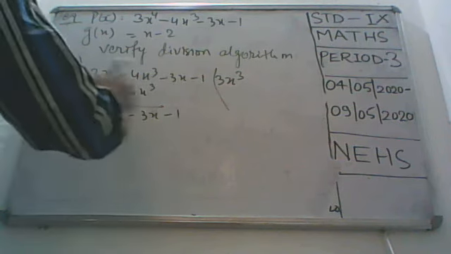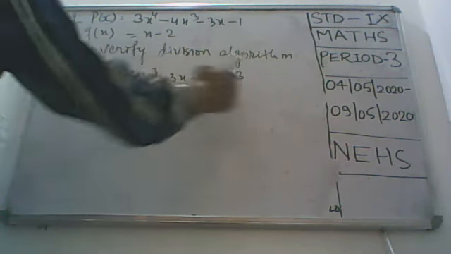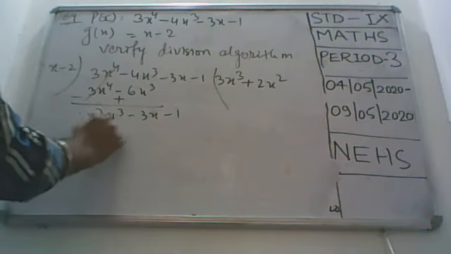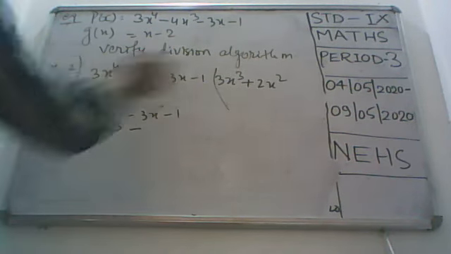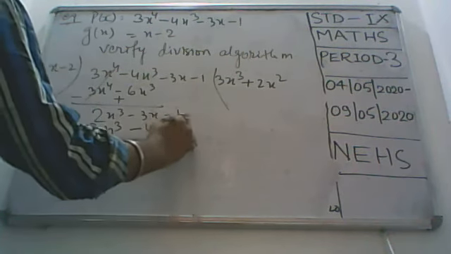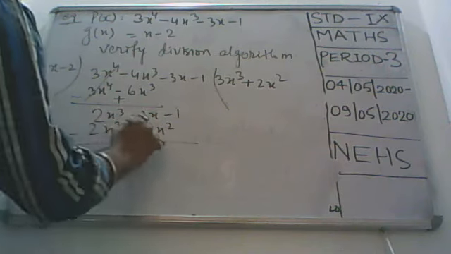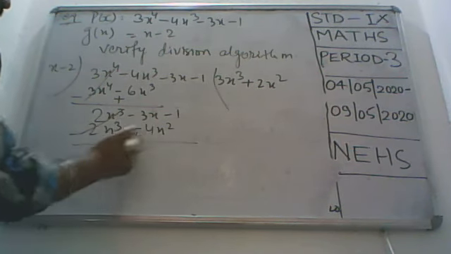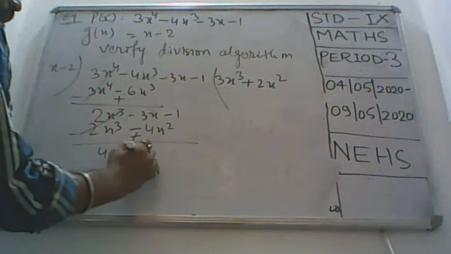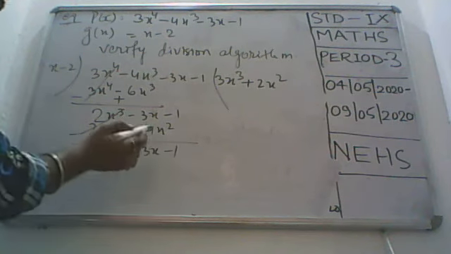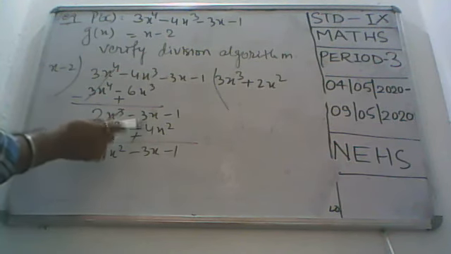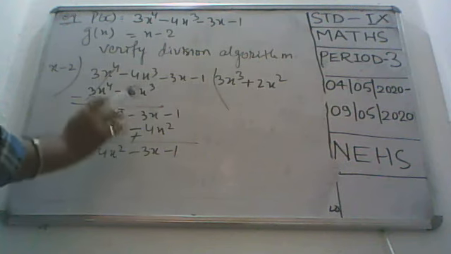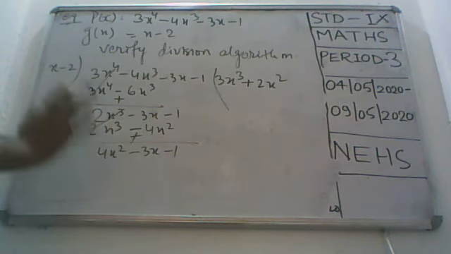Now x cube by x is x square, so it will become 2x cube minus 4x square. Minus plus cancel. This is x square, so it will become 4x square minus 3x minus 1. I don't subtract these terms because the degrees are different, so they will not be subtracted together, and this will come alone here as it is.